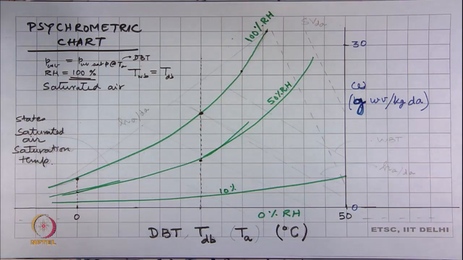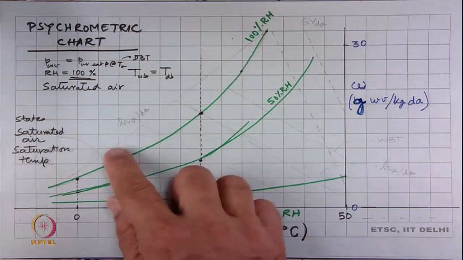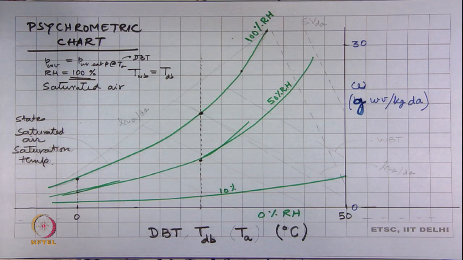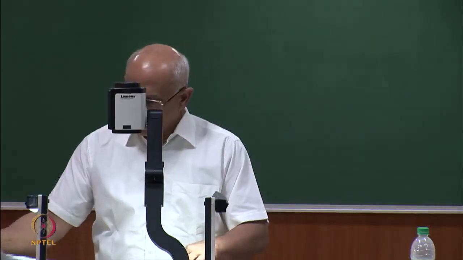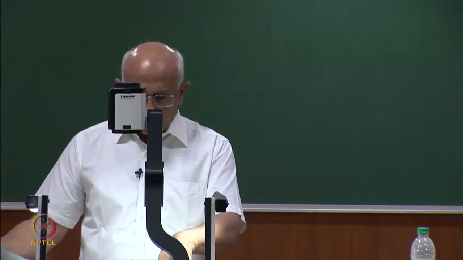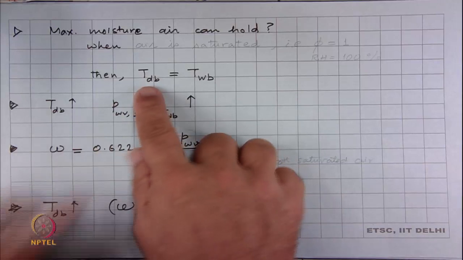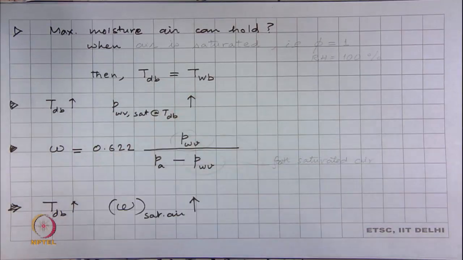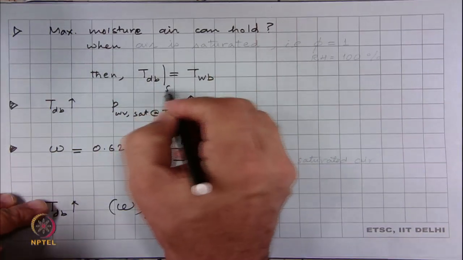Okay, now, let us look at the constant enthalpy lines, and for that let us go back and see the relations that we had. Okay, so, before we do that, we just recap that on this graph, as the air is saturated, dry bulb temperature is wet bulb temperature only at saturated air.